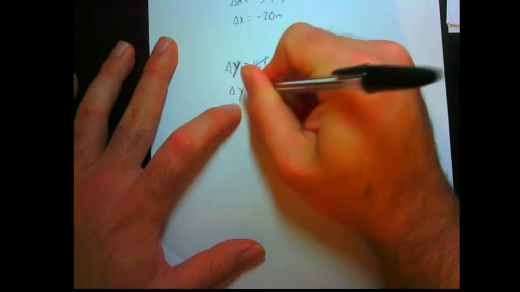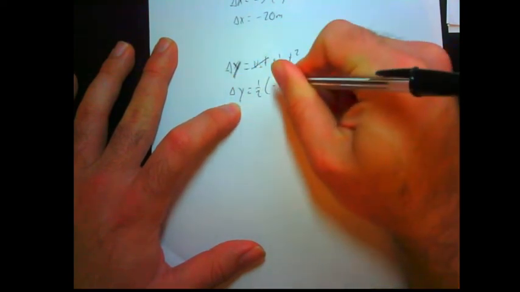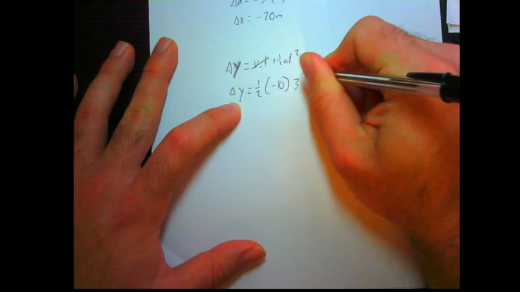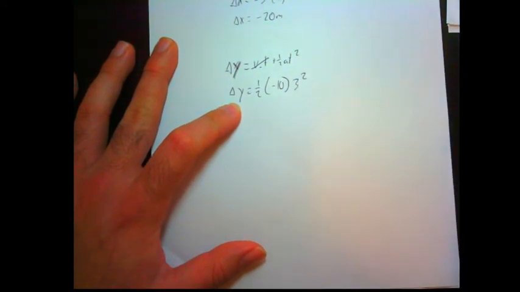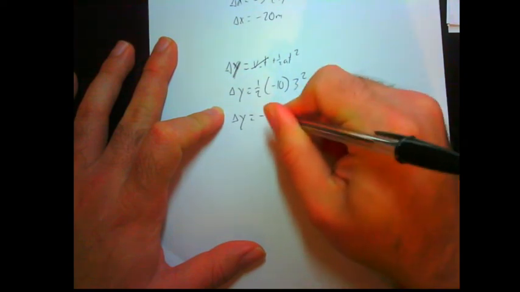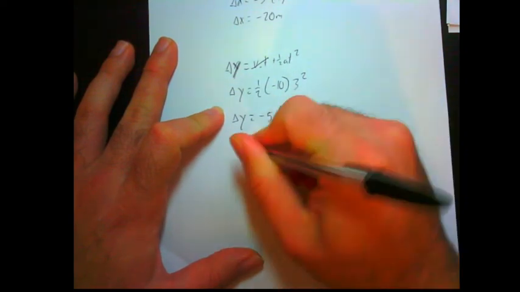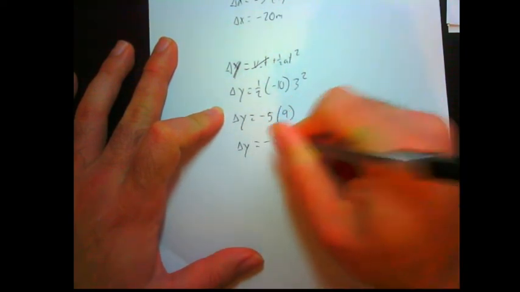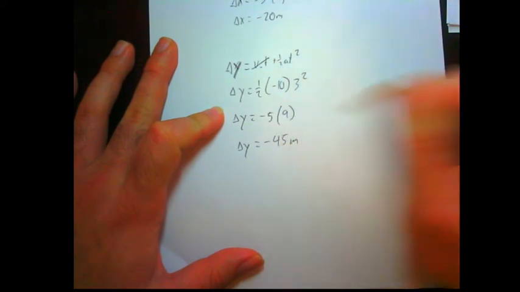Again, Vi is 0, so delta y equals 1/2 negative 10 3 squared, because we were told it took 3 seconds for it to hit the ground. Delta y equals negative 5 times 9. Delta y equals negative 45 meters.